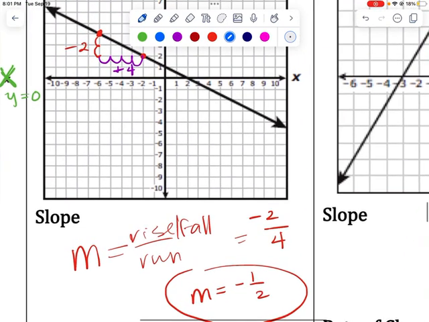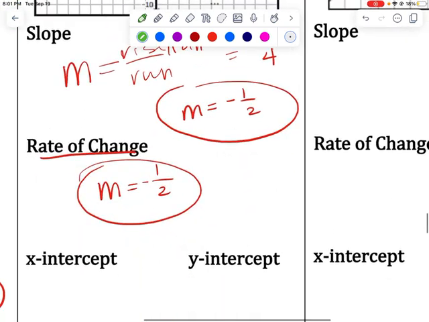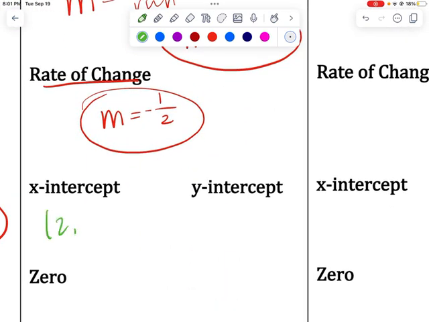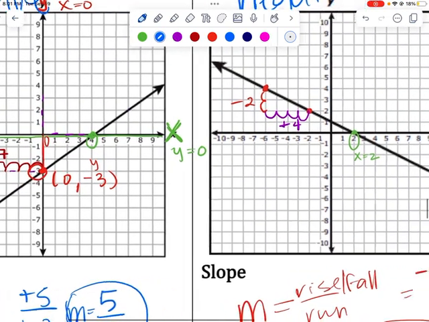X-intercept, see where it crosses that x-axis. Right here, so my x is 2. Y is always 0 for the x-intercept. Now my y-intercept. What color did I pick for the other one? Red.